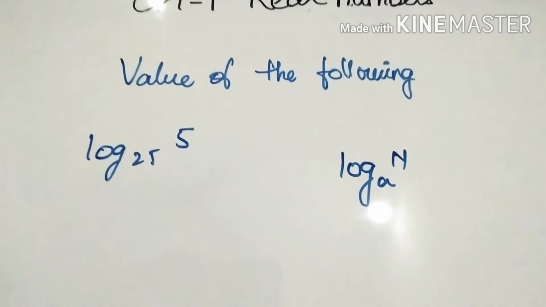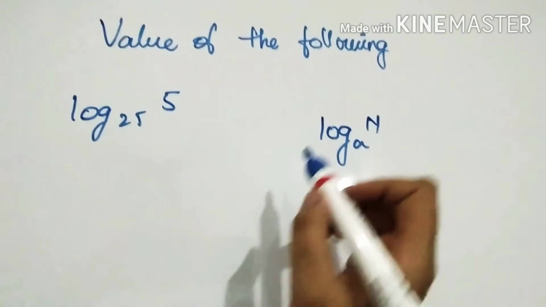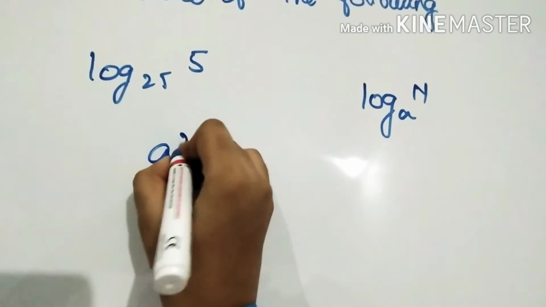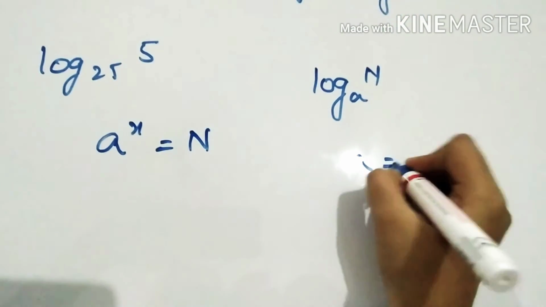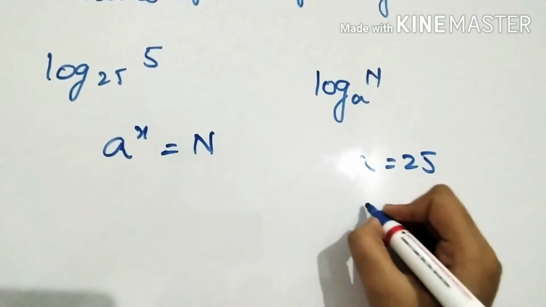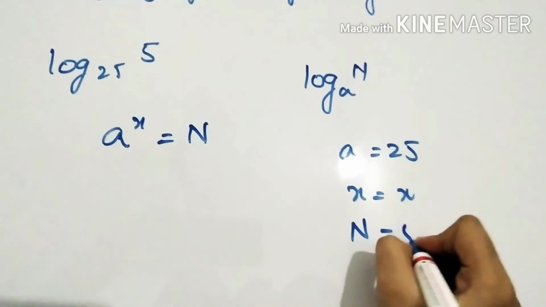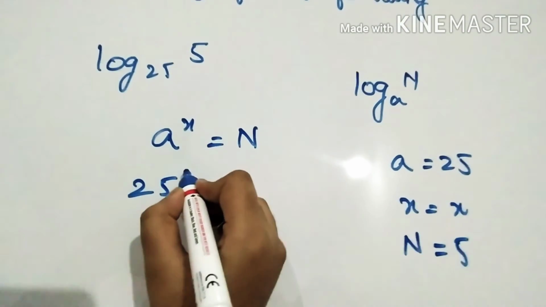So let's do an exercise. Log 5 to the base of 25 is in the form of log n to the base of a. So in exponential form we can write it as a^x is equal to n. So what is a? a is equal to 25, x is equal to x, and n is equal to 5. So in the place of a we will write 25 and the power is x.